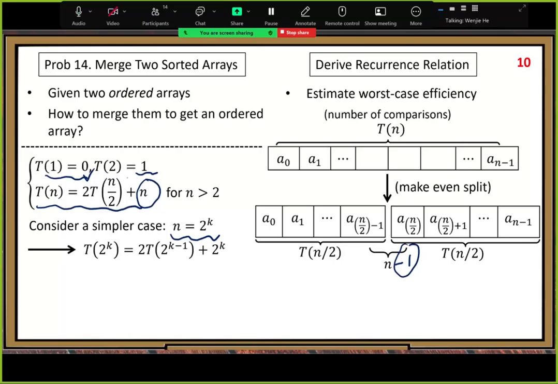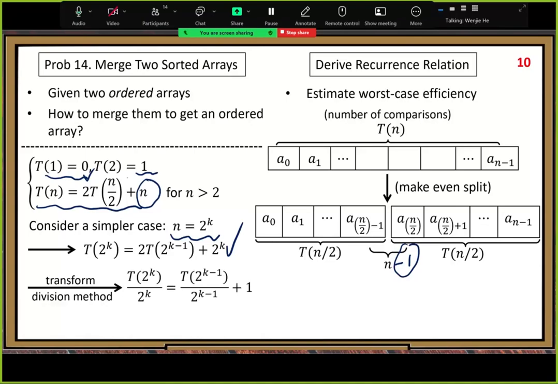But how to solve this new recurrence relation? Here, we need to do a special operation, a transformation. This time, we need to do division, an appropriate division. Why? Because after we divide both sides by 2 to the k, we get a similar structure.